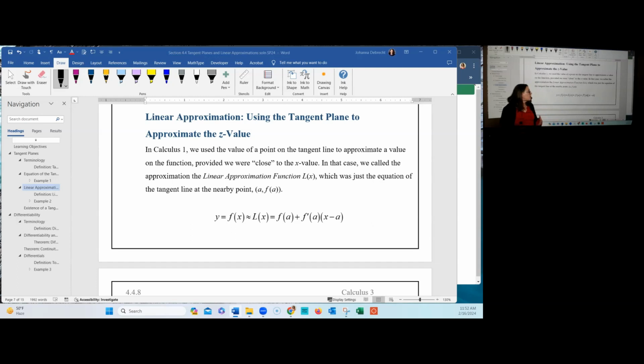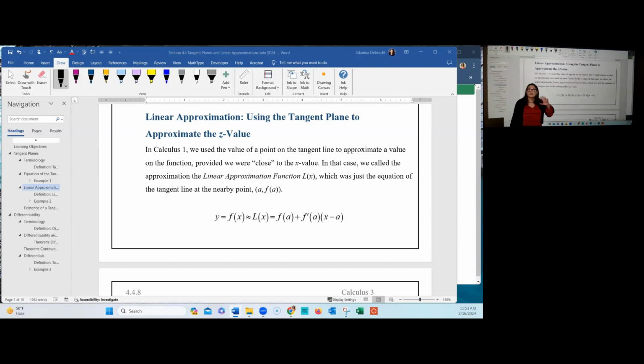In Calculus 1, we did this by using the tangent line to approximate the value on a function close to the curve. So when we were looking at this, we said that the y value on the function was approximately equal to the value on a function we called L of x, where L stood for linear approximation function.